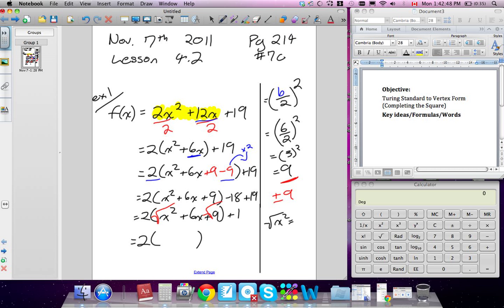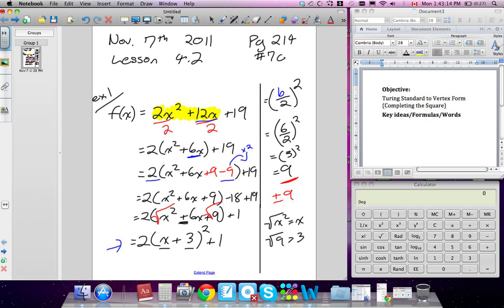The square root of x squared is going to be just x, and the square root of 9 is going to be 3. So we take the x, it is our first term. Our second term in the brackets will be 3. And whatever sign is in front of our b comes down. So we get positive, we get x plus 3. I then put a squared outside the brackets and plus 1, and we're now in vertex form.